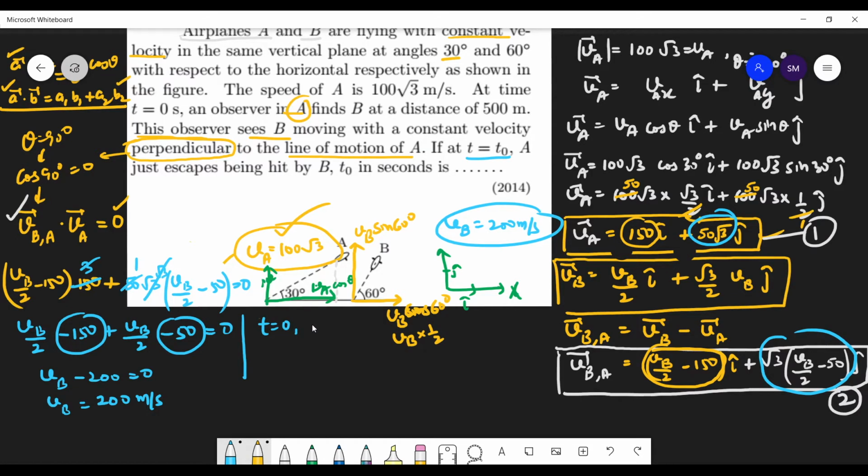So at t equals 0, the gap between A and B was 500 meters, and A just escapes being hit by B. So just escapes hitting means they're almost at the same position. So at t equals t naught, A and B are at the same position.